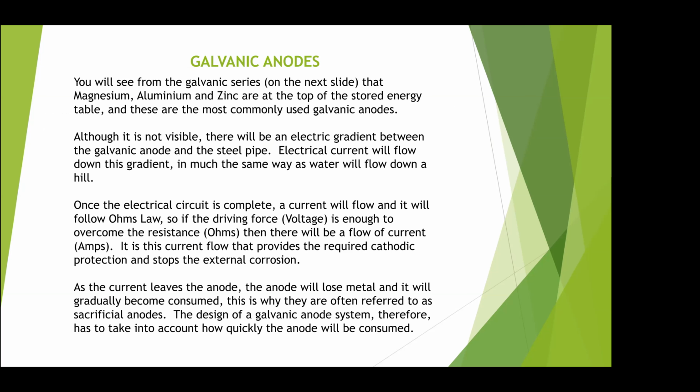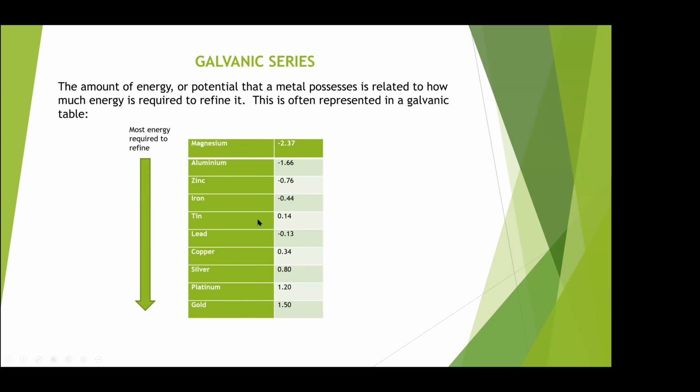Now, on the next slide, I'm going to show you what we call the Galvanic Series. There's a list of the stored energy values in these different alloys and materials. And if I just quickly slip forward, you can see here that magnesium is the top, aluminium is the next, and zinc is the next.